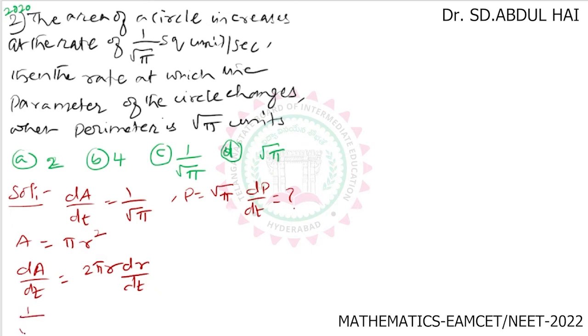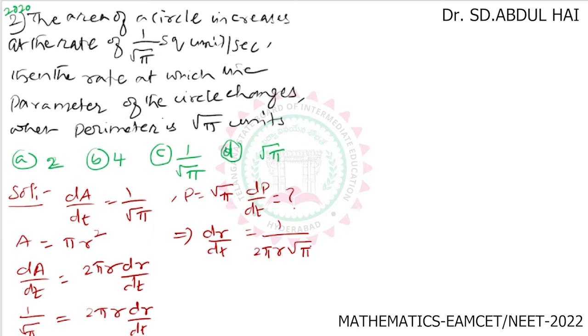So, in place of dA by dt, I write 1 by root pi is equal to 2 pi r into dr by dt. So, dr by dt is equal to 1 by 2 pi r into root pi. So, we have obtained the value of dr by dt.